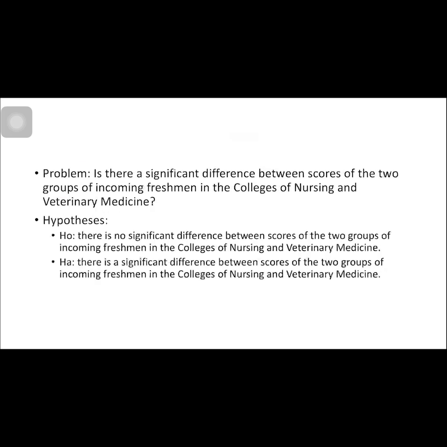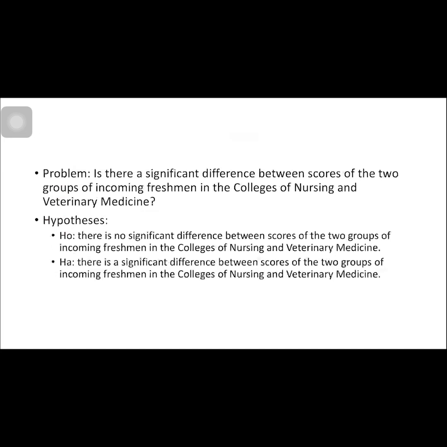Is there a significant difference between the two groups? For our problem statement, is there a significant difference between the scores of the two groups of incoming freshmen in the colleges of nursing and veterinary medicine?